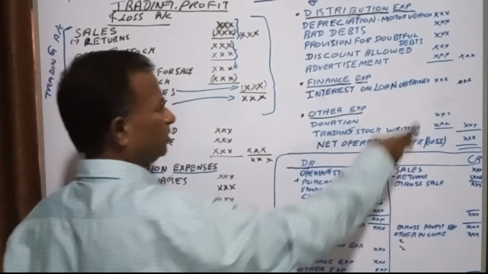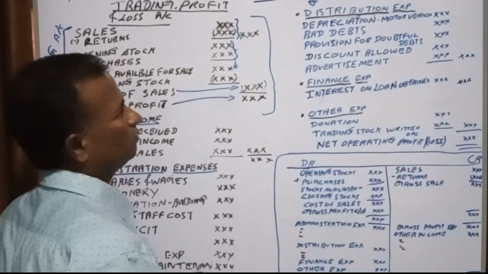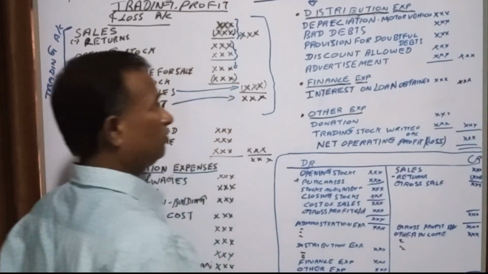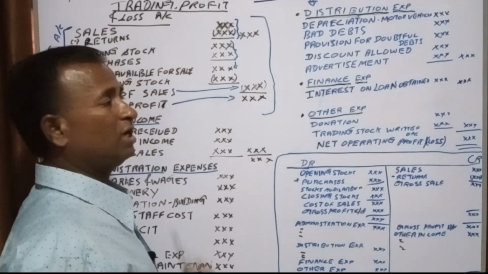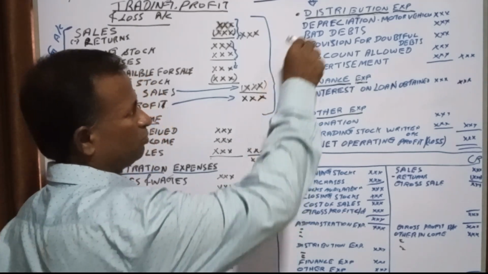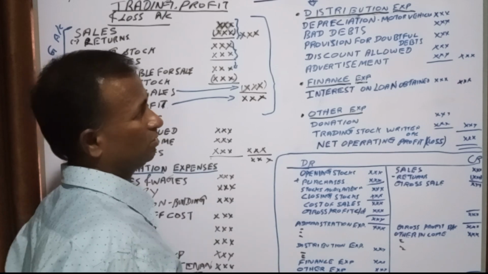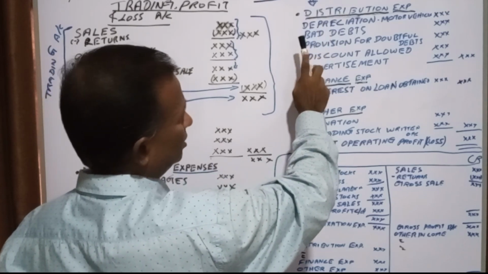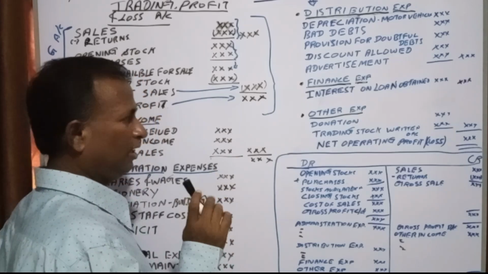Next one is advertisement. Any sort of advertisement we make comes under advertisement expense, not the staff's advertisements. This is related to sales promotion. Any expenses related to sales promotion come under it. Commission paid on sales will be shown under the distribution expenses, not under staff expenses.